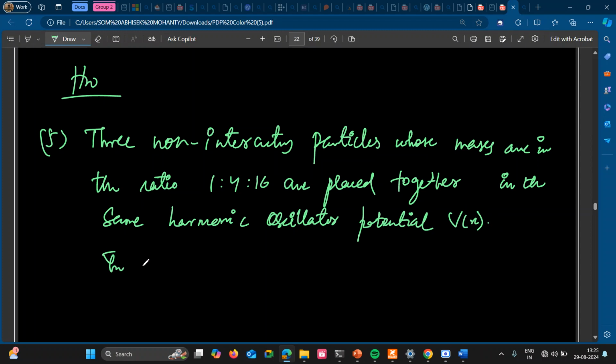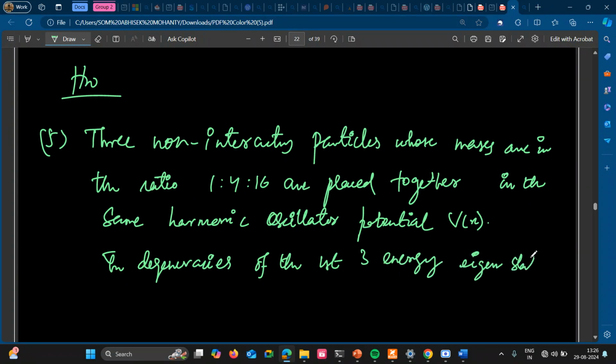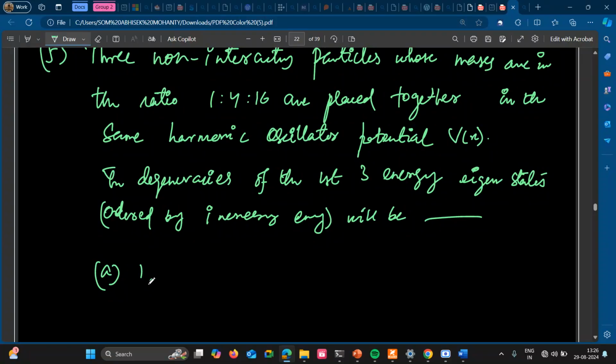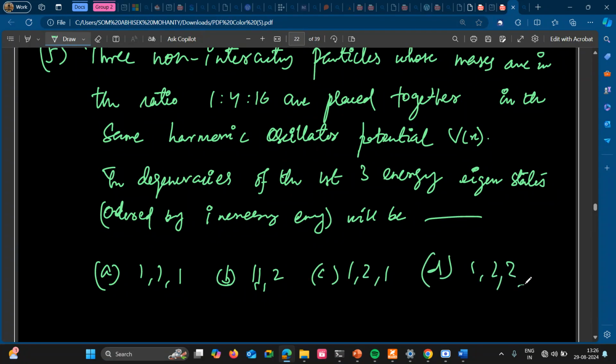The degeneracies of the first three energy eigenstates ordered by increasing energy will be dash. The options are: option A 1 1 1, option B 1 1 2, option C 1 2 1, and option D 1 2 2. That's it.